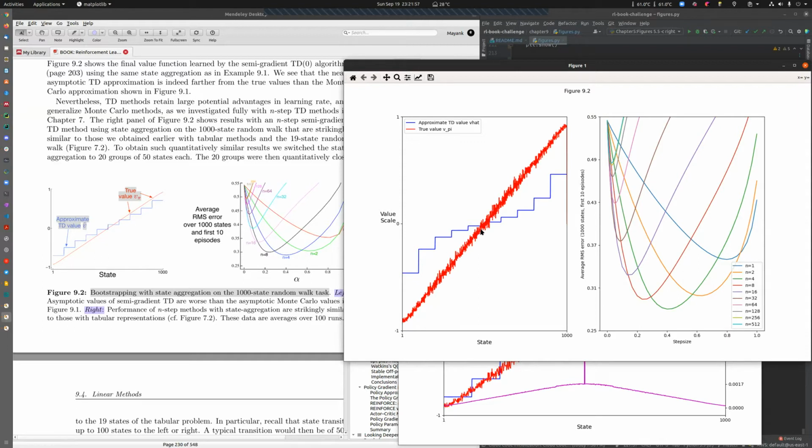It's because the value is approaching some sort of equilibrium near the middle of the state space.